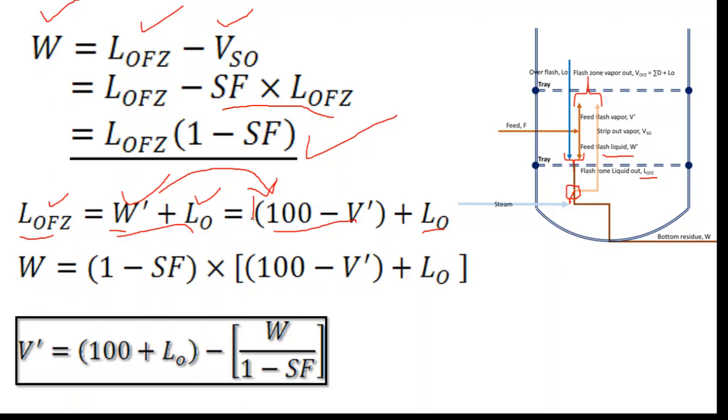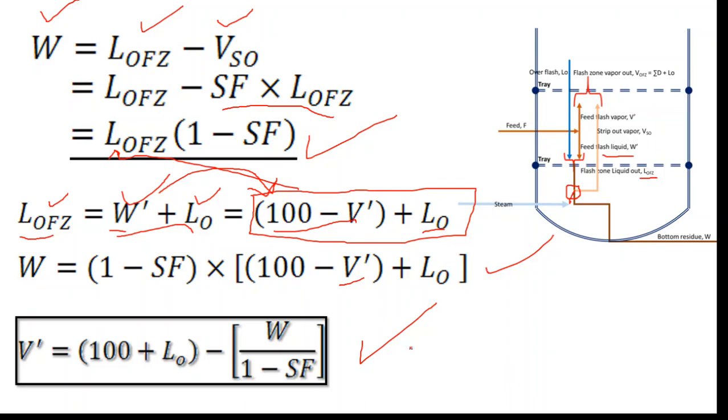You have to put this value in place of the LOFZ, so we can get the W value from this equation. Because our target is to find V dash, if we rearrange, we get V dash is equal to 100 plus L naught minus W upon 1 minus SF. In this way we can find this correlation, which is the important one.